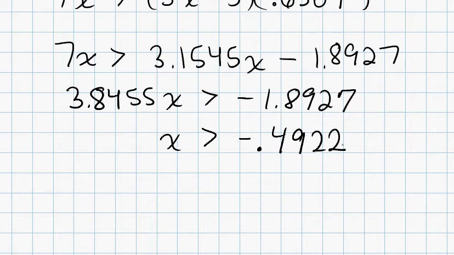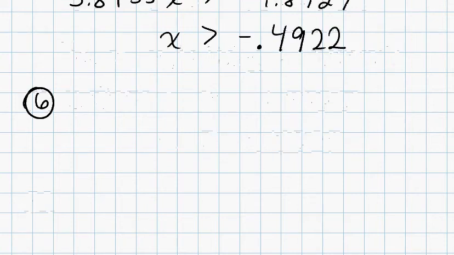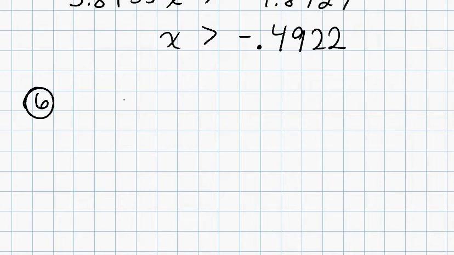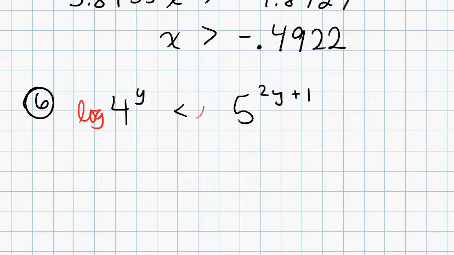So let's try that again. Number 6. 4 to the y is less than 5 to the 2y plus 1. So we take the log of both sides. We use the power property.